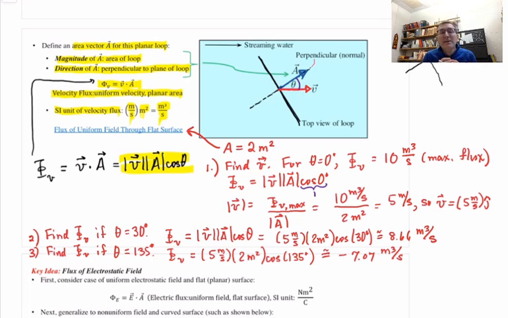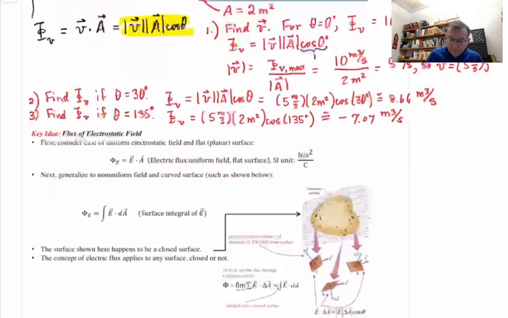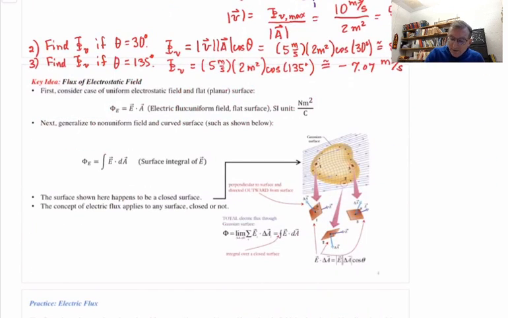You can take any vector field, represented by arrows, of course, and you can take any surface, and you can do this same kind of calculation to see how much piercing of the surface there is by the vectors. So, for this chapter, the quantity we're going to be interested in is the flux of the electrostatic field through a surface. Okay? The flux of the electrostatic field. So not a velocity field, but the electrostatic field.